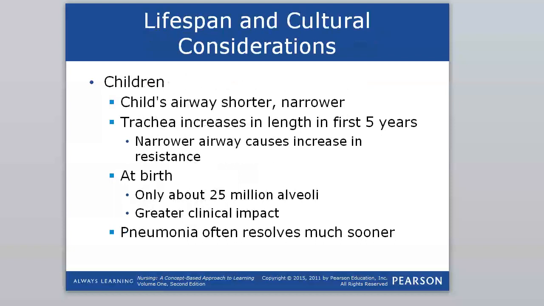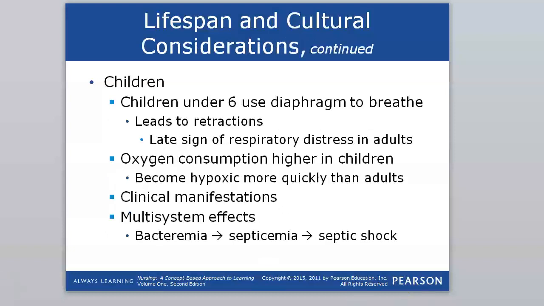Remember, when we talk about age groups over the lifespan, children's airways are shorter and narrower. Trachea increases in length in the first 5 years, and narrower airway causes increase in resistance. Remember, at birth, only about 25 million alveoli, greater in clinical impact. Pneumonia often resolves much sooner.